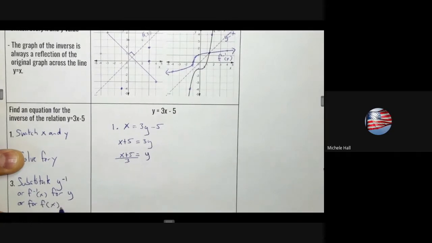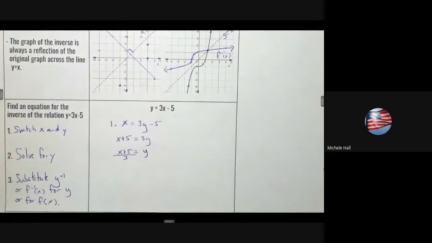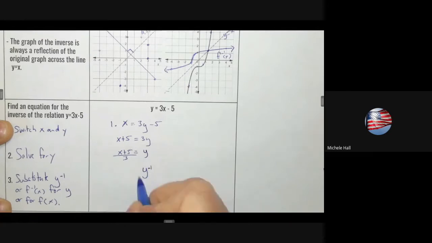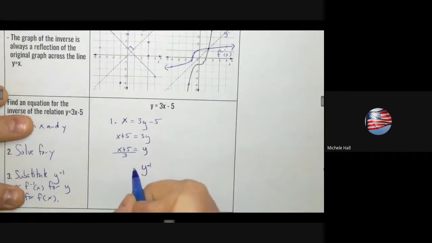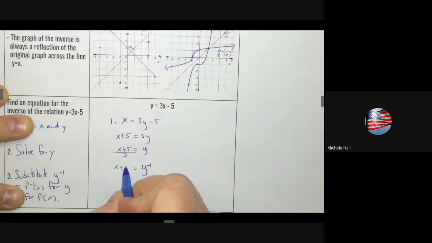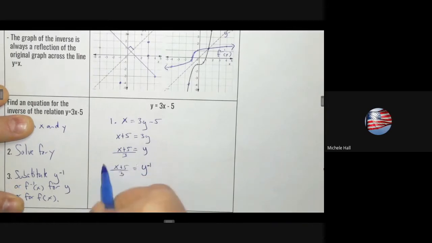Whichever one they gave you to start with, you're going to substitute it in. This says that y, the function y equals x plus 5 divided by 3. We just found the inverse, and so we need to notate that we found the inverse. Y inverse equals x plus 5 divided by 3.